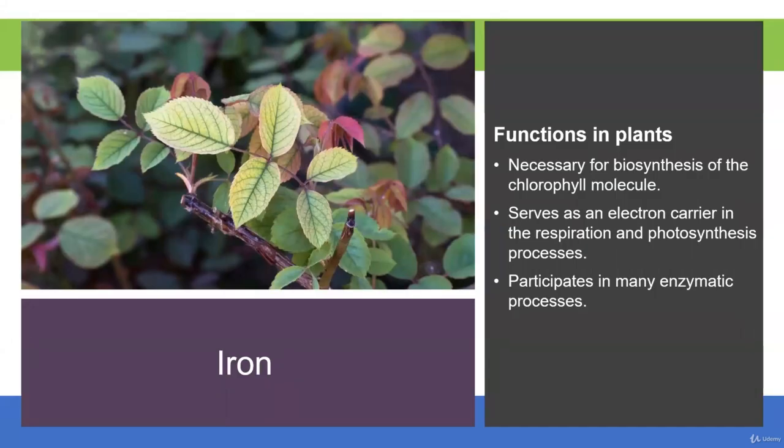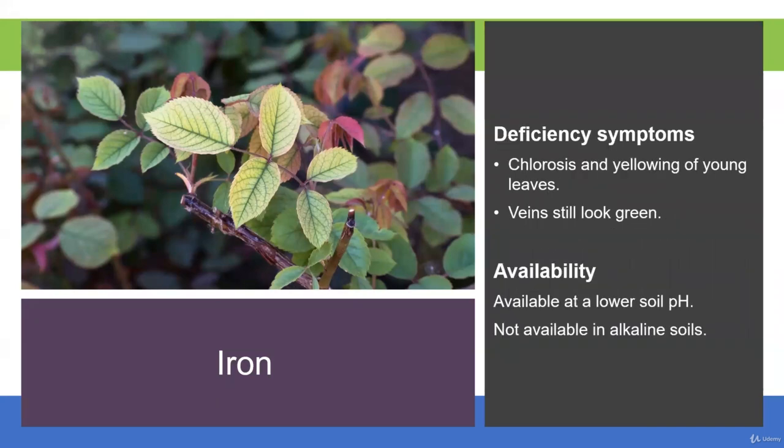Iron. Iron is necessary for biosynthesis of the chlorophyll molecule. It serves as an electron carrier in the respiration and photosynthesis processes, and it participates in many enzymatic processes as well.